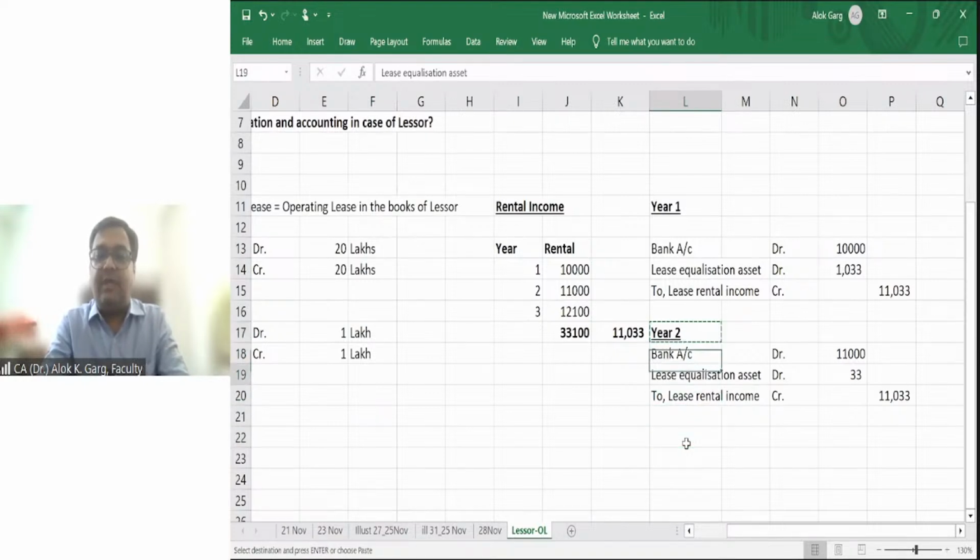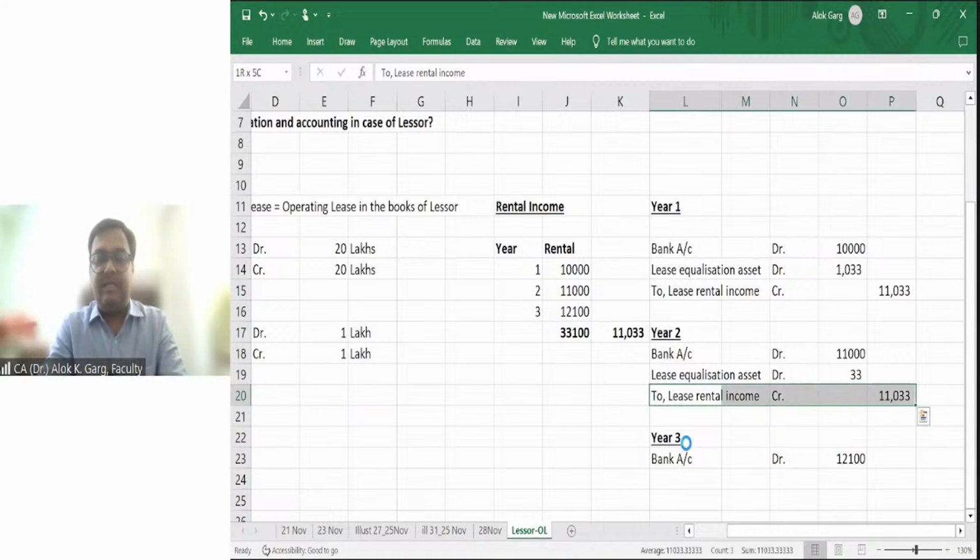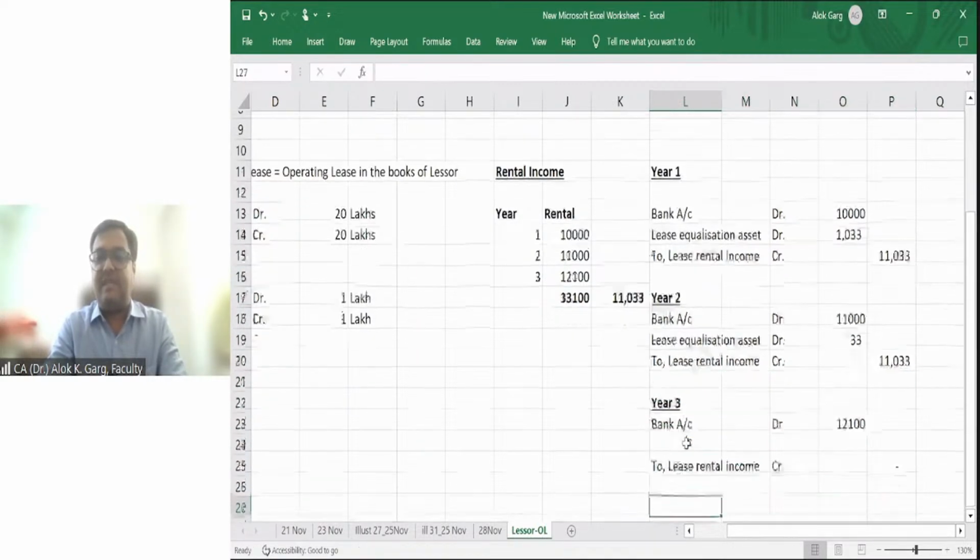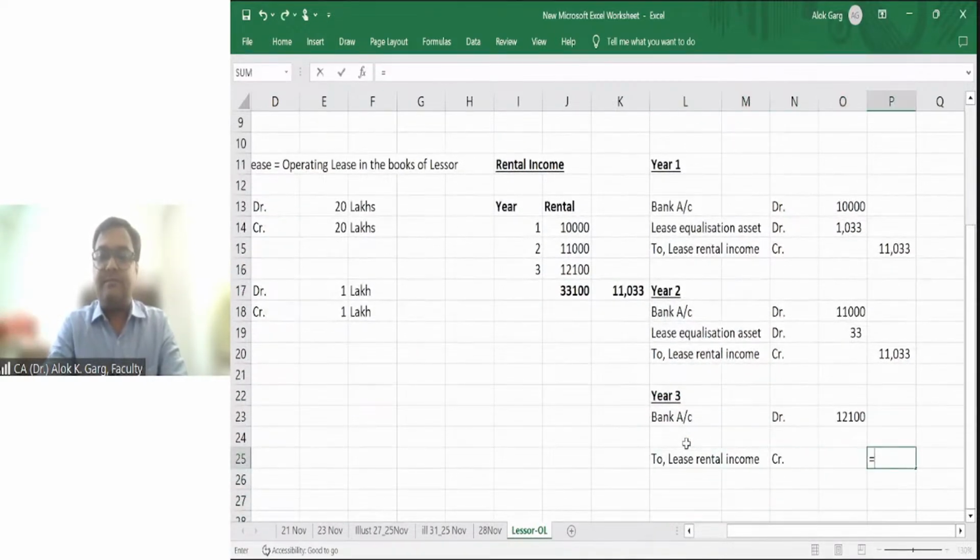So what is the accounting in year 3? Bank account debit by 12,100. What is my lease rental income? My lease rental income on a straight line basis is the same, 11,033. Now I have received more than my income.